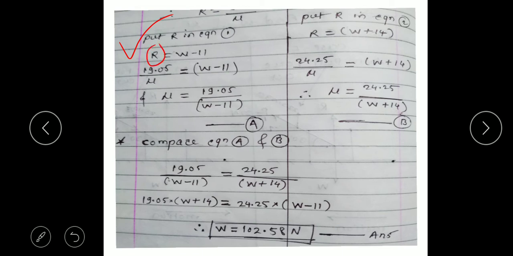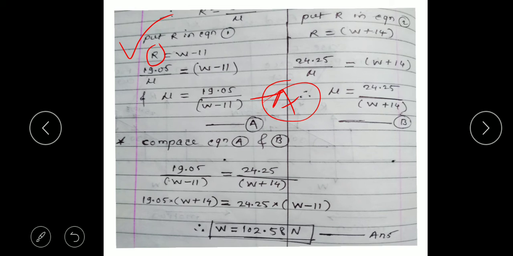Instead of the R we have pasted 19.05 divided by mu equal to W minus 11, and again we need to rearrange the equation in the form of mu, because coefficient of friction for both the cases are same. So that's why we will form the equations related to the coefficient of friction, and the final equation will be this. So give the number A. Okay, give the number A to this equation.